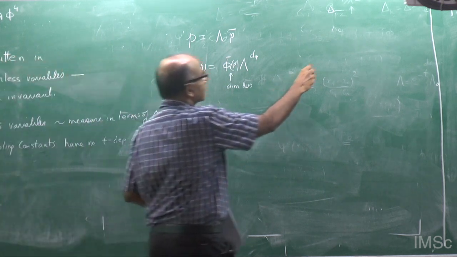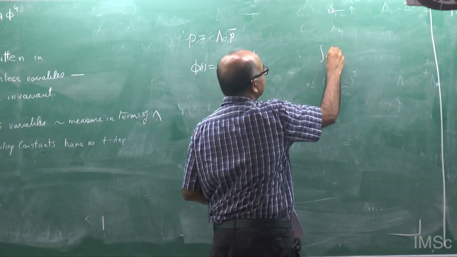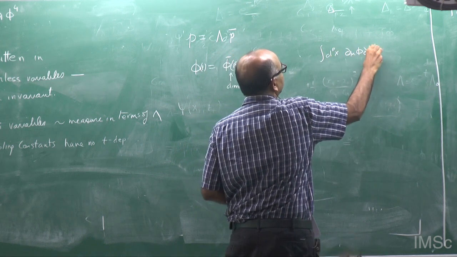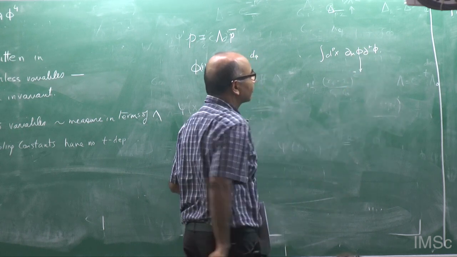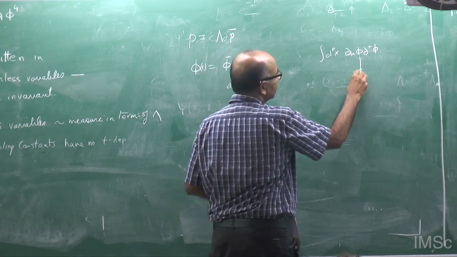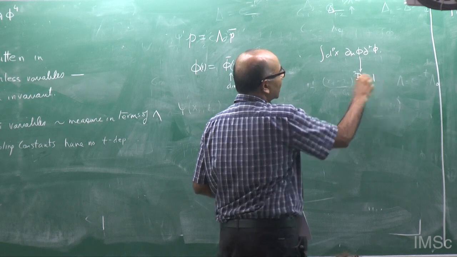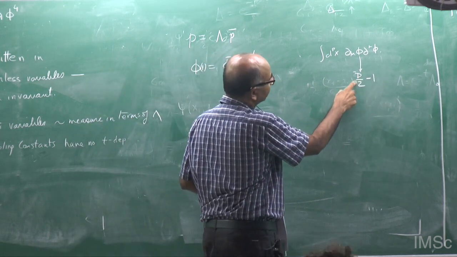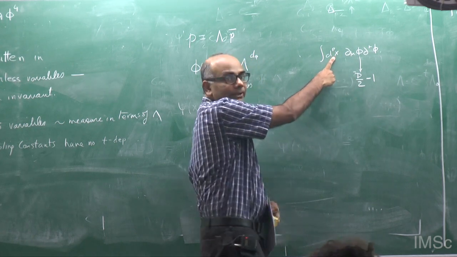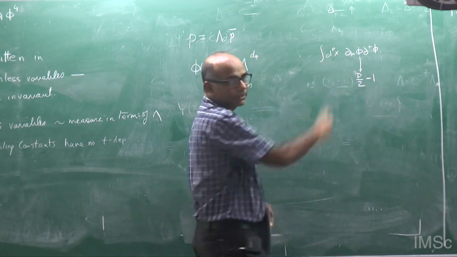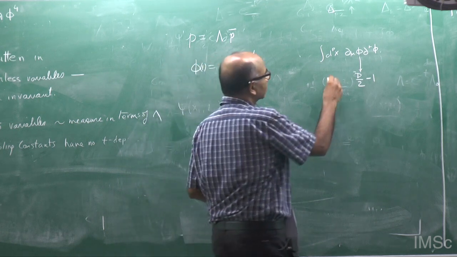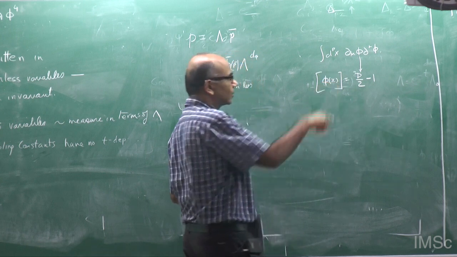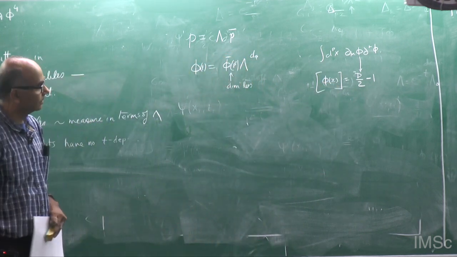Okay, so for instance, if your action is the integral d^d x of (d mu phi)^2, then the momentum dimension of phi is easily seen to be d by 2 minus 1. Okay, because 2 powers of this will give you the d to compensate for that, and the minus 2 will compensate for that. So this is phi of x. I'll use the square brackets to denote dimension.